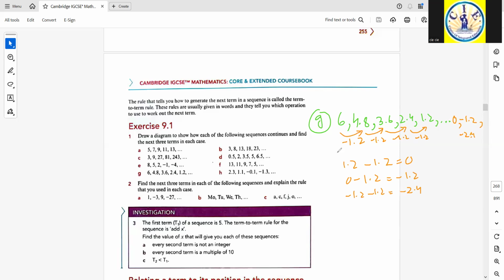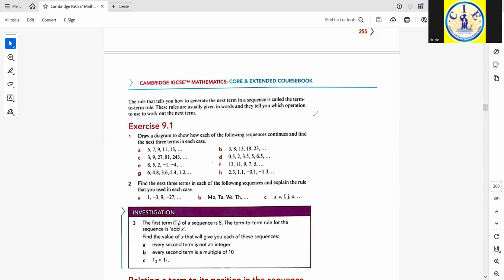Okay. Then after part G, this is part H, 2.3, 1.1, then negative 0.1, negative 1.3, and so on. We can see that 2.3 minus 1.1, that is 1.2. That means we are subtracting actually 1.2.